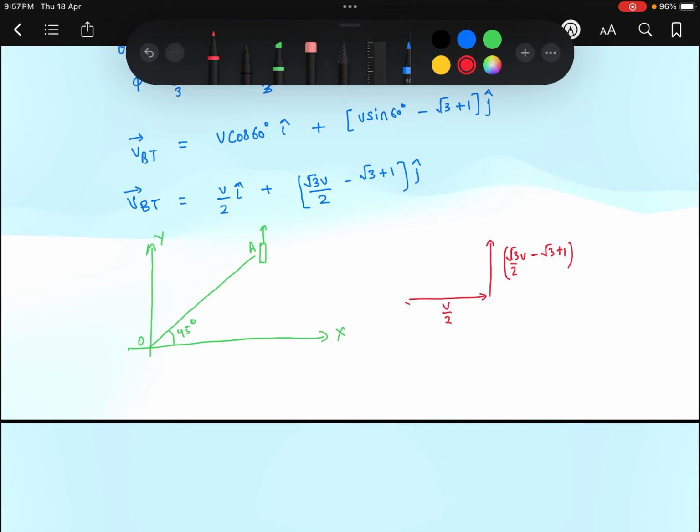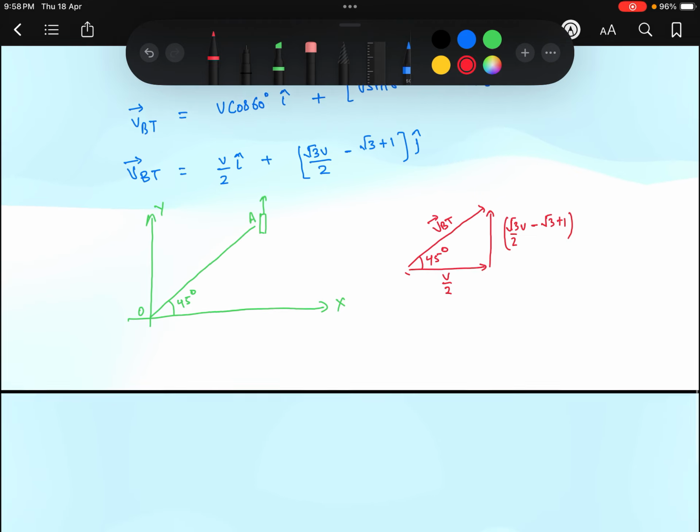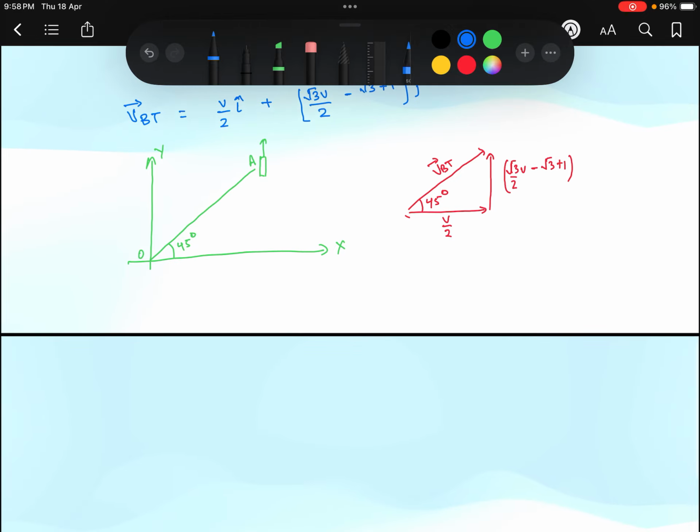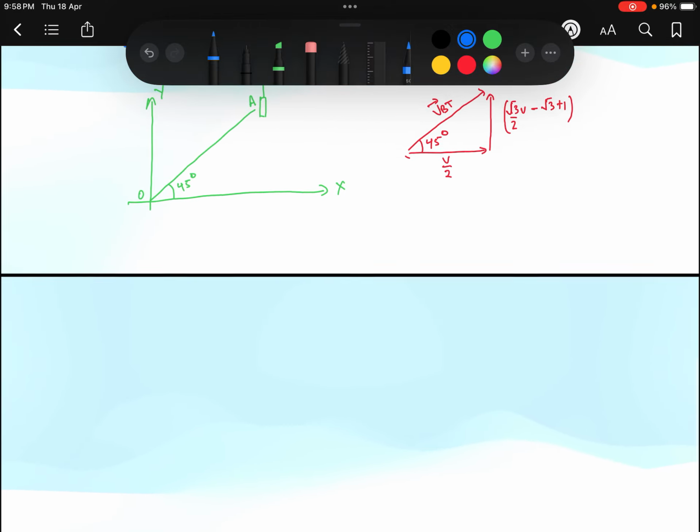Okay, and this is the resultant velocity of ball with respect to trolley, right? And this angle is being given as 45 degree. So in this triangle we can use tangent theta is equal to perpendicular by base. So I will be directly using that in this triangle: tangent theta will be equal to Vy divided by Vx, the component of velocity along the x direction.